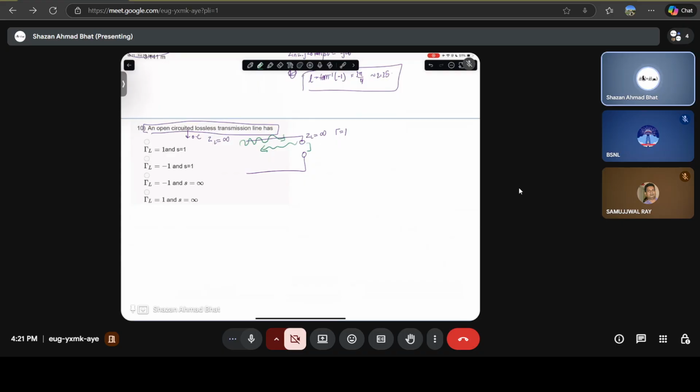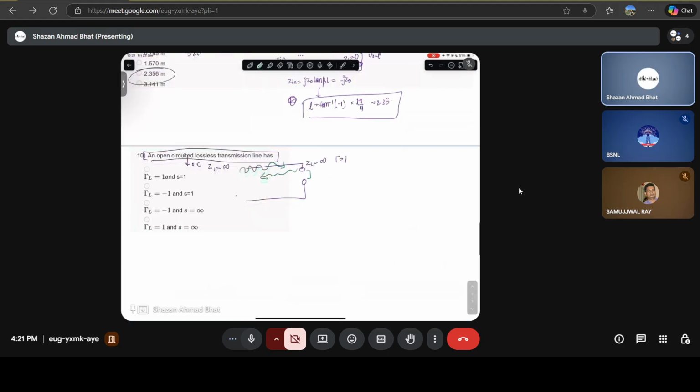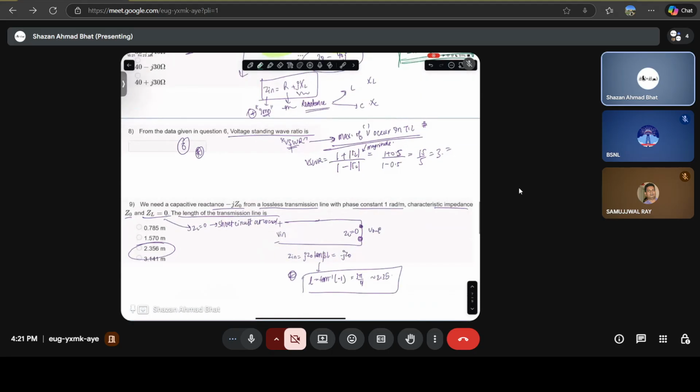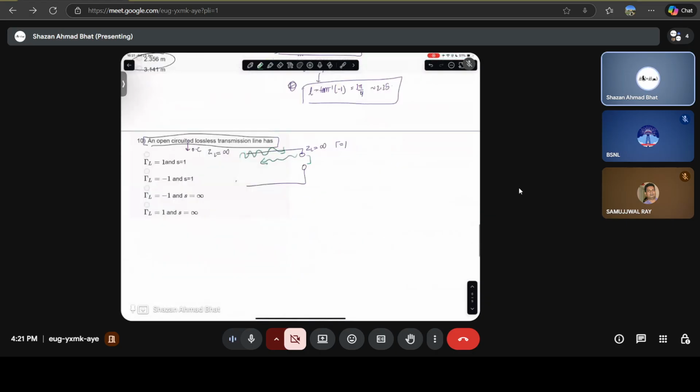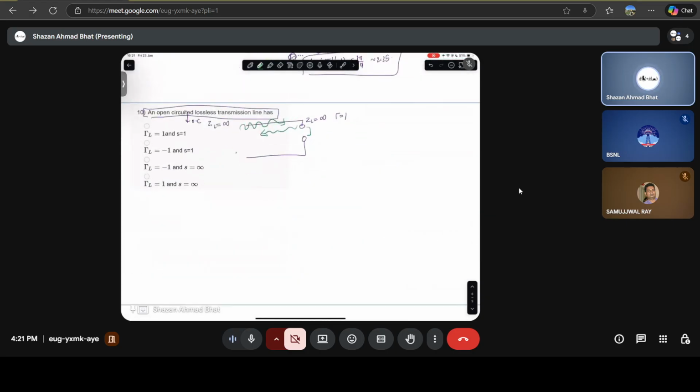So it will entirely reflect, and VSWR, which is S, is going to be infinite. I don't know if this S represents VSWR here. Need to check. But the answer of this question is that ZL should be infinite and gamma should be 1, which is this particular option, that the reflection coefficient is exactly 1.